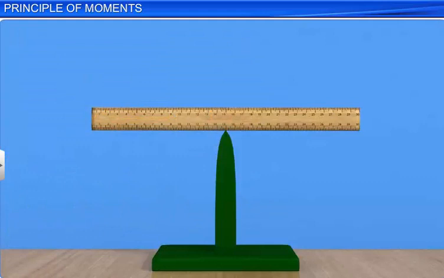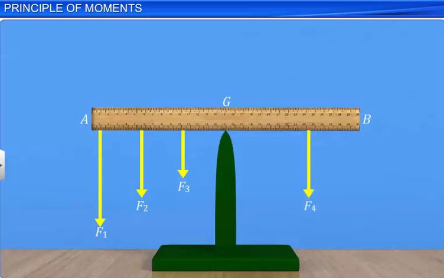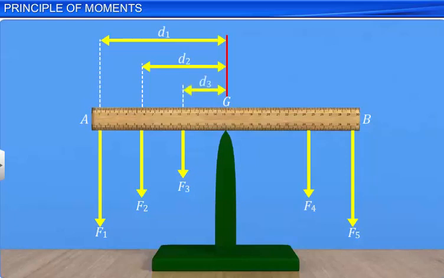Consider a uniform scale, AB, which is supported about its center of gravity G, and is acted upon by a number of coplanar, parallel forces F1, F2, F3, F4, and F5, perpendicular to the rod at distances D1, D2, D3, D4, and D5 respectively from the center of the scale.